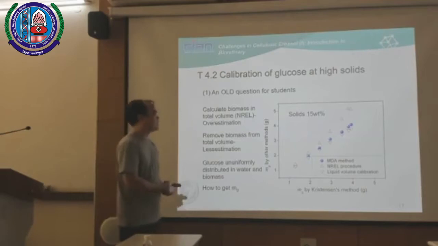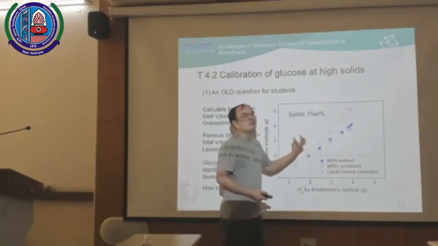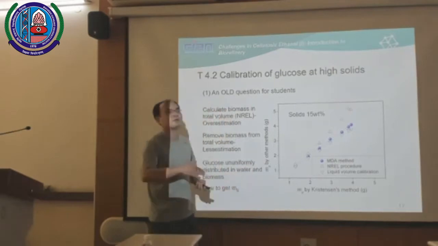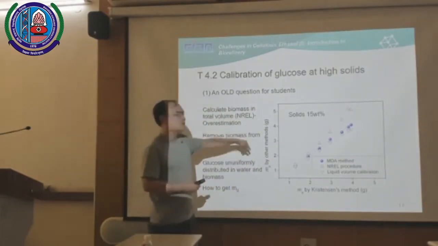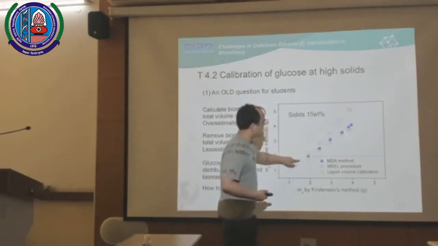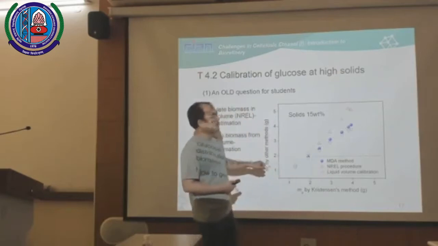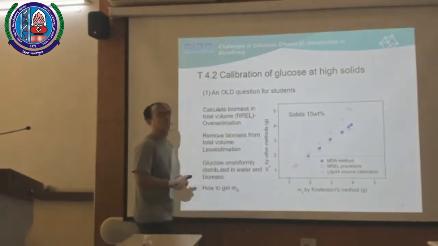This blue line is the real glucose mass I added into the system, and I find that there is an overestimation if I use the NREL procedure, and an underestimation if I use the liquid volume calibration method.